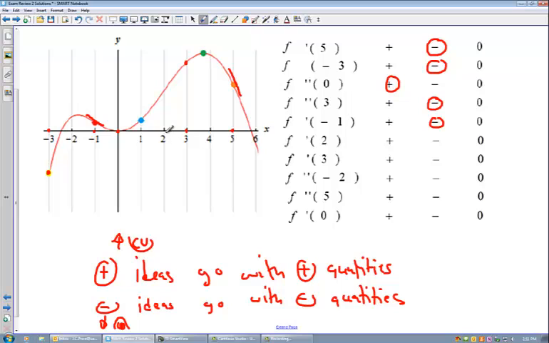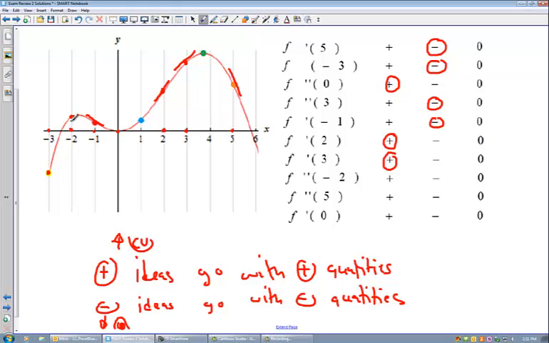F prime of 2, well, here's 2. If you look up, f prime of 2 tells me the rate of change is positive here, so it's increasing. So again, the derivative is positive. F prime of 3, same idea. You come up here, here's 3, and you see the rate of change is positive, so that's positive. F double prime of minus 2, so I'm right here.